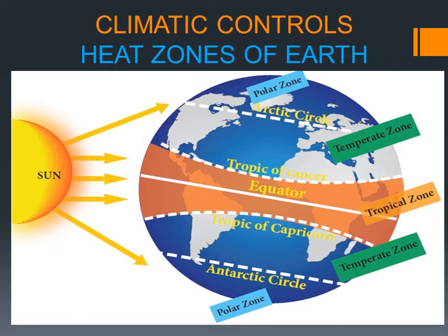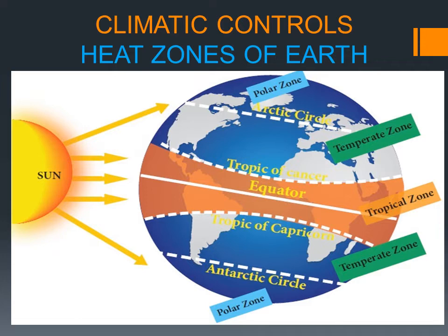The place between the Tropic of Cancer and the Tropic of Capricorn always receives direct sunlight, so this area is called the tropical zone. From the Tropic of Cancer to the Arctic Circle, it is the temperate zone, and from the Arctic Circle to the North Pole, it is the polar zone.